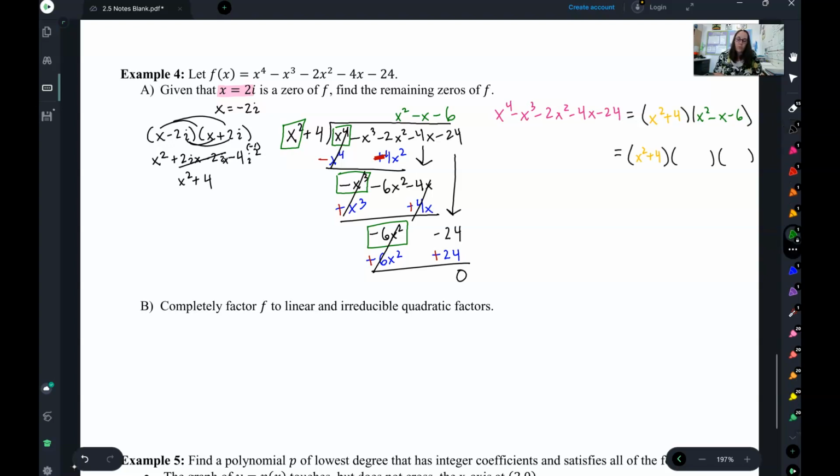So what multiplies to negative 6 and adds to negative 1? That gives me x minus 3 and x plus 2.